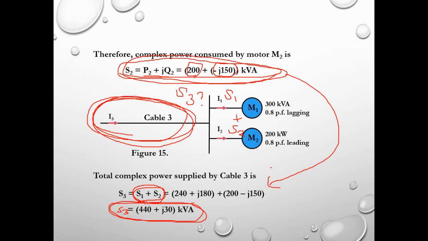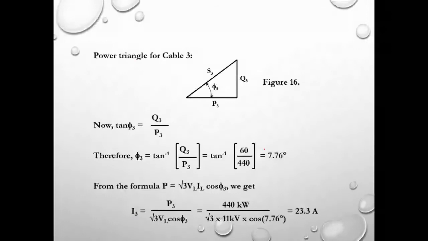So next, after we calculate S3, we plot again the power triangle for cable 3. So we do have S3, P3 and Q3. How can we know again that Q is at this position? We can simply say this is positive. So how can we know?